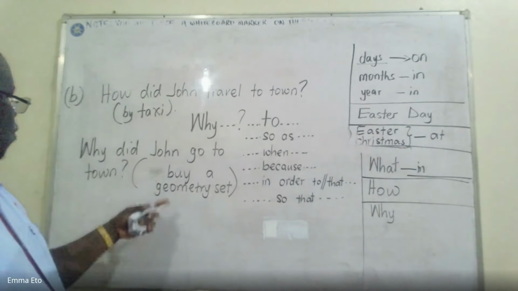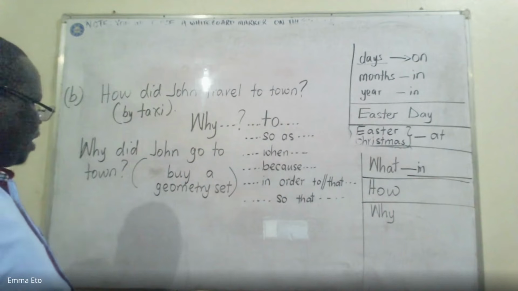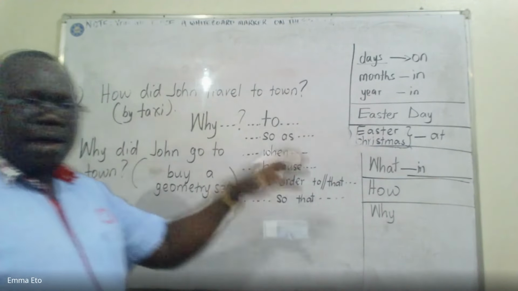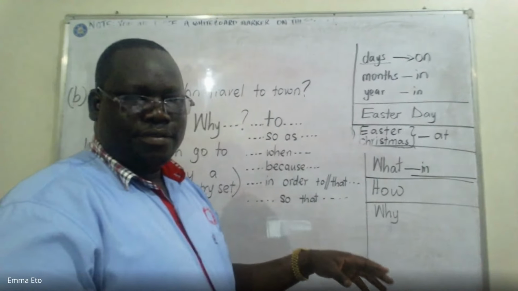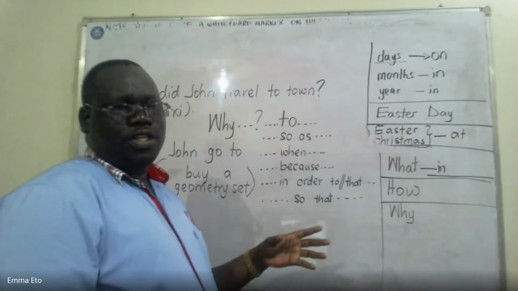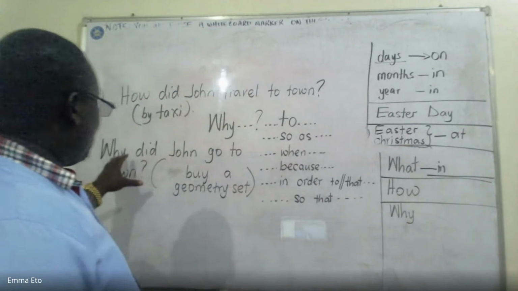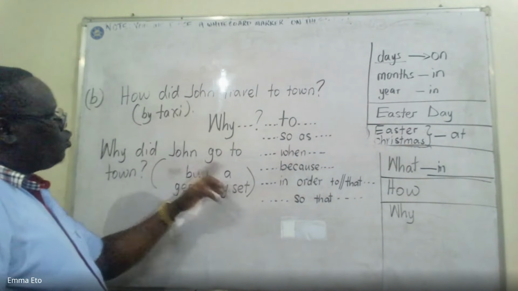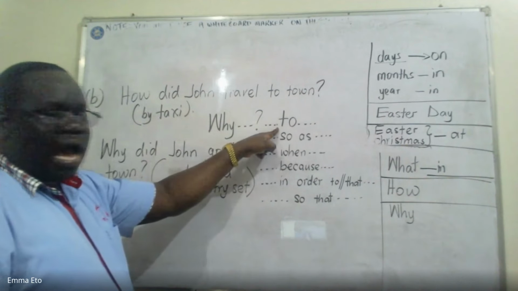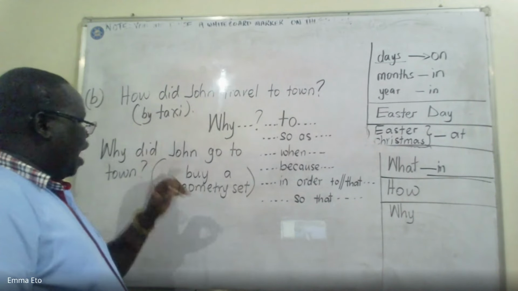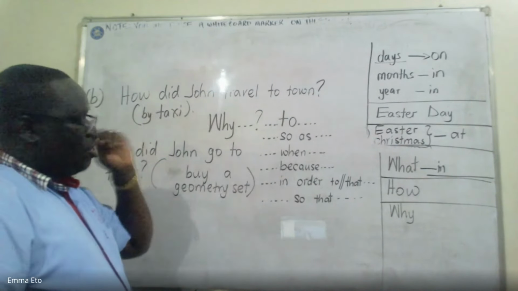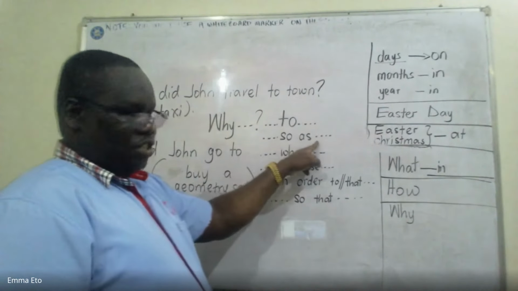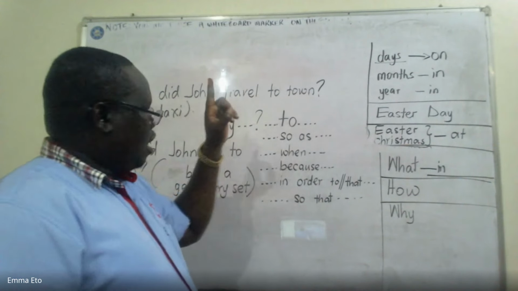John went. Remember what I told you? Look at the verb, look at the helping verb, determine the tense of the question. So, why did John go to town? John went to town to buy a geometry set. John went to town so as to buy a geometry set.